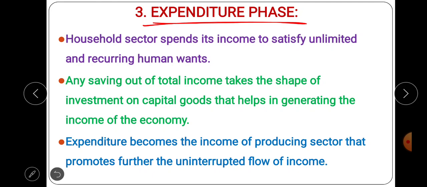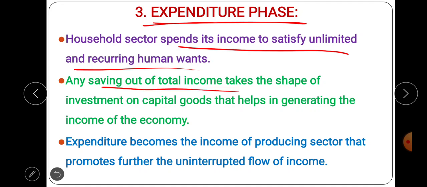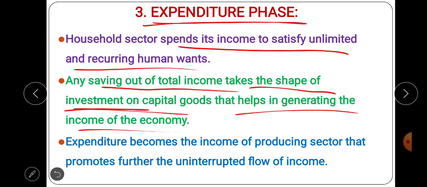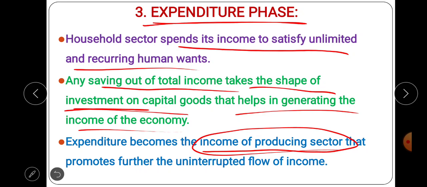The household sector spends its income to satisfy unlimited and recurring human wants, and any saving out of the total income takes the shape of investment in capital goods that helps in generating the income of the economy. And this expenditure becomes the income of the producing sector that promotes further the uninterrupted flow of income.